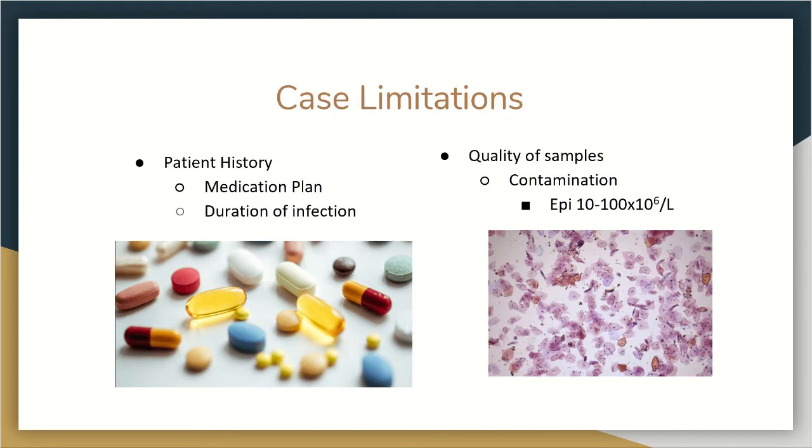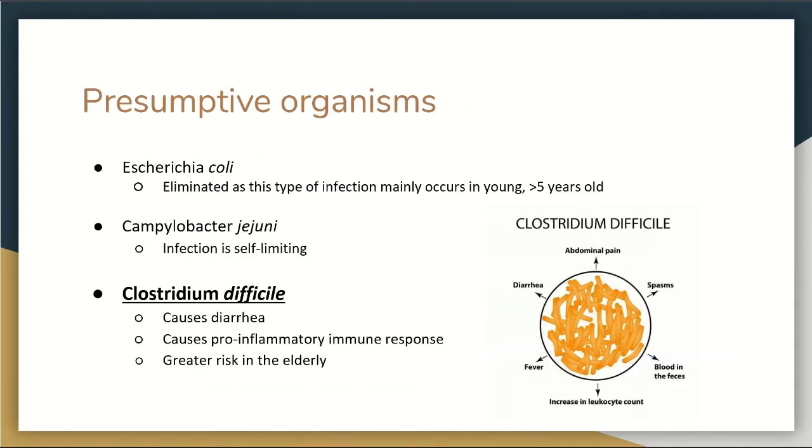Several presumptive organisms were considered, including E. coli and C. jejuni. However, these bacteria were eliminated due to inconsistencies between their characteristics and the patient's clinical presentation.